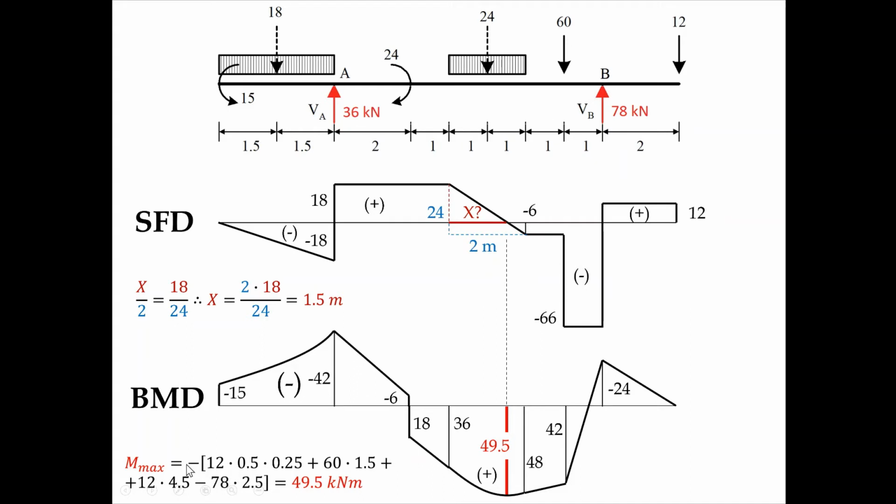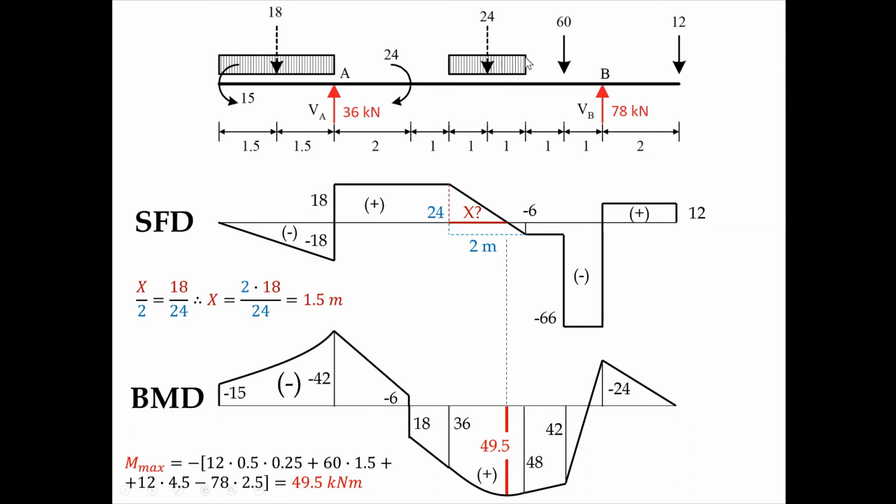In order to do that, we're going to use the right side of the structure. So I put in here the equation of the maximum moment is equal to minus, I open the bracket because I will use the right side of the structure. So we are here at 1.5, or in the middle of this 1 meter, you can see here.